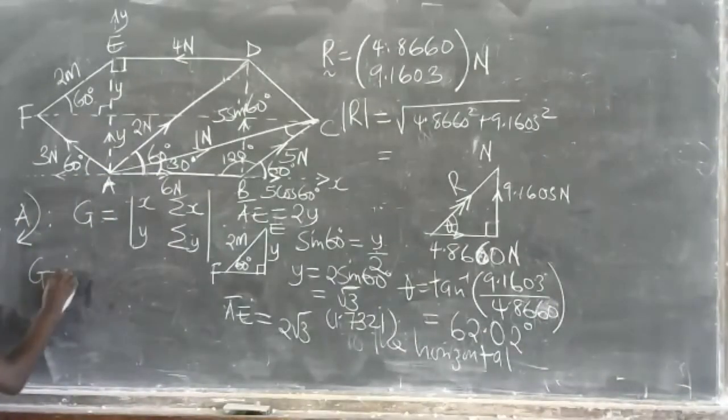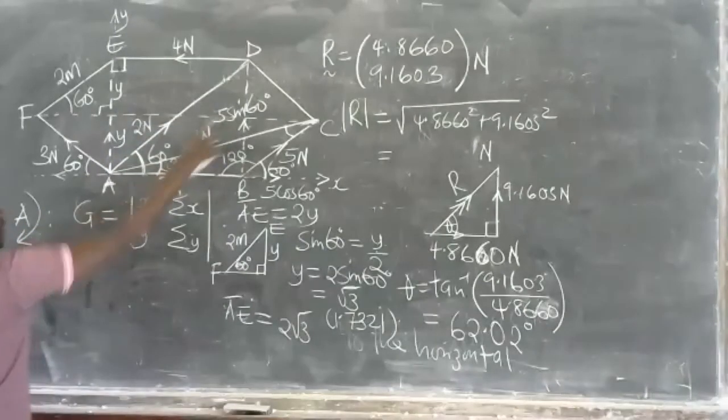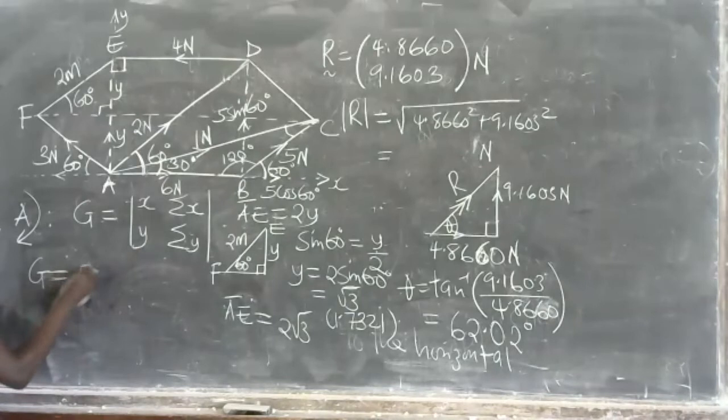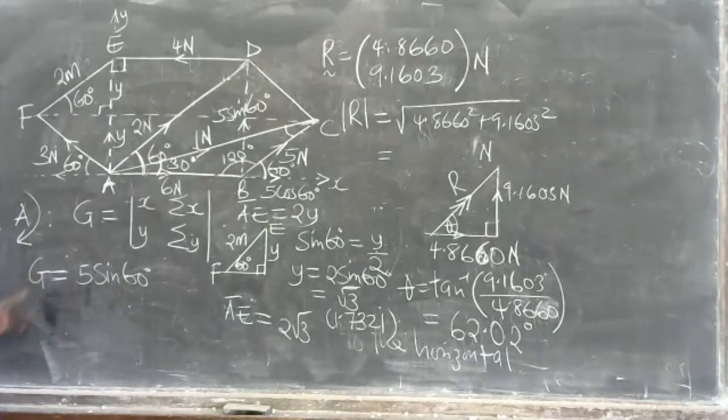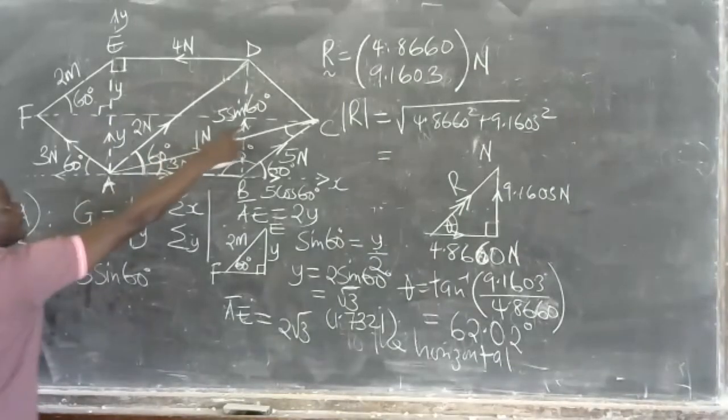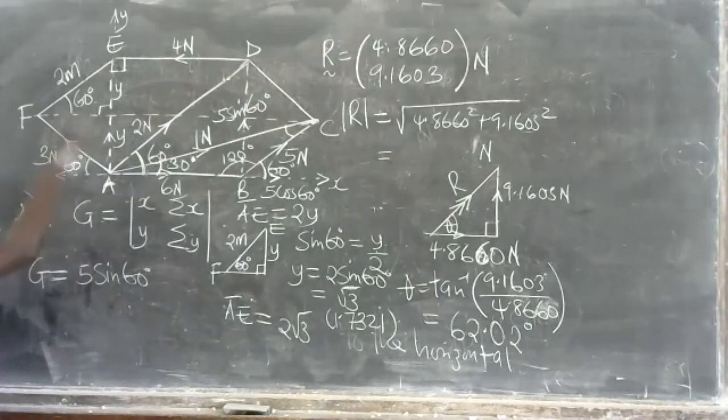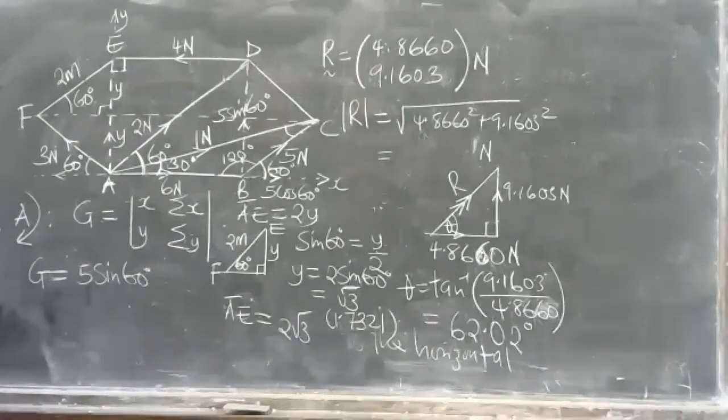So the sum of moments, I'll start with this, 5 sine 60. This force here rotates anti-clockwise about A, and therefore it is positive. Starting with 5 sine 60.